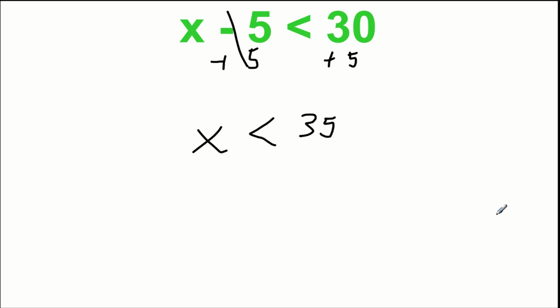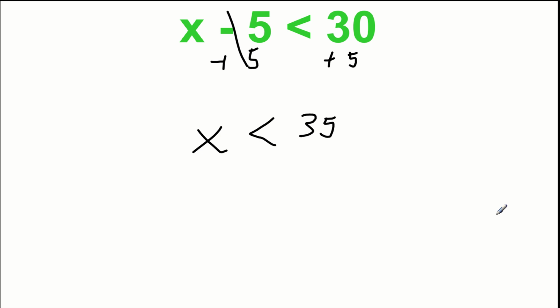So when we had an equation, a lot of y'all would have said the answer was 35 and just say 35. Less than 35. So is 35 an answer?